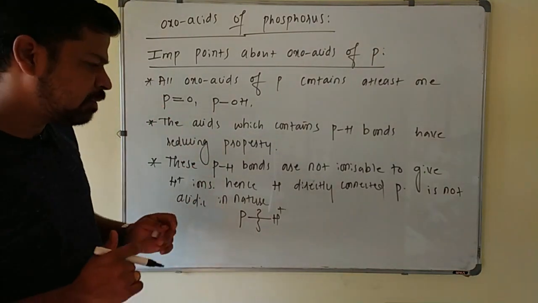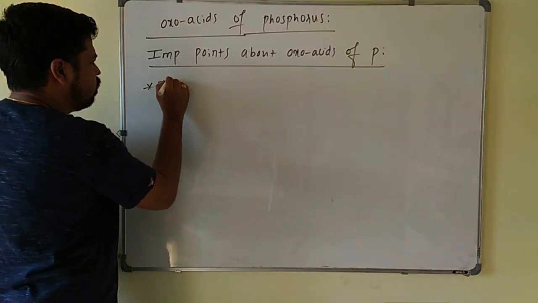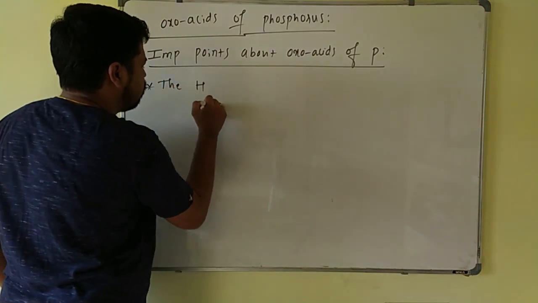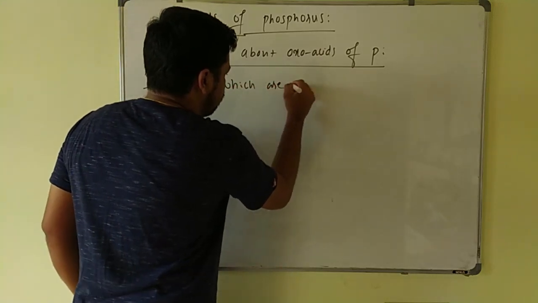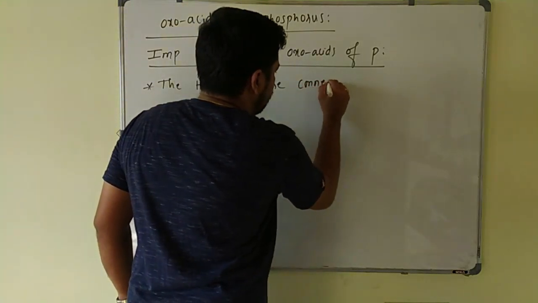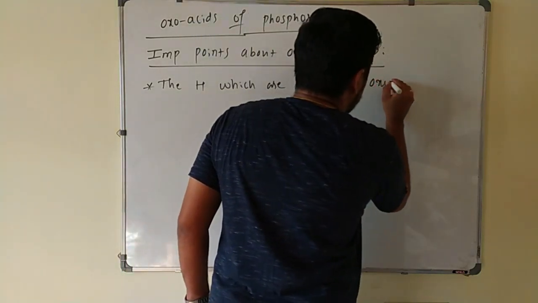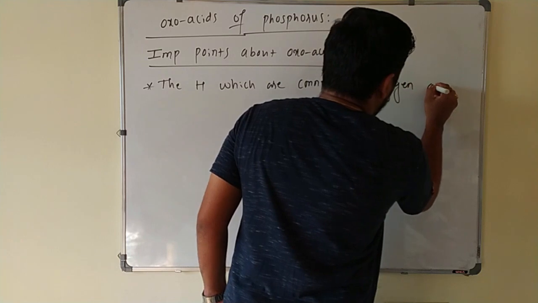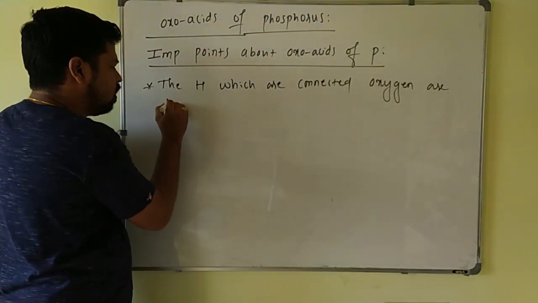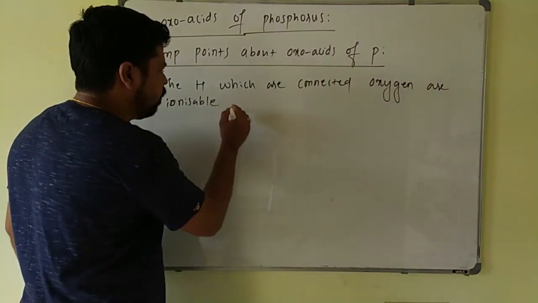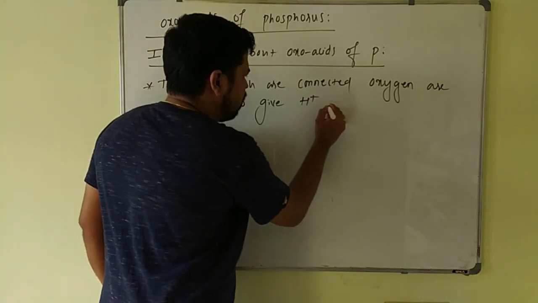The next point: the hydrogens which are connected to oxygen are ionizable to give H+ ions.